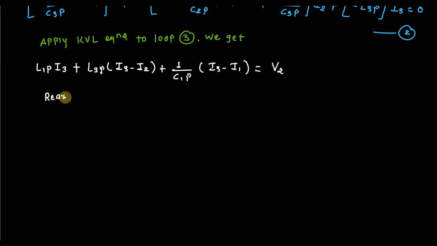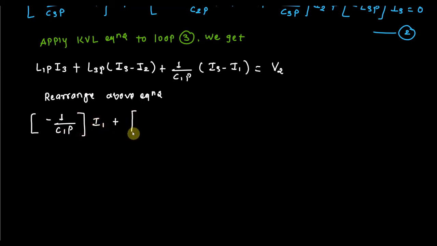Now rearrange the above equation, means we have to collect the equation in terms of I1, I2 and I3. So first I will write I1. So it is minus 1 upon C1P I1 plus the next term we have to write for I2.